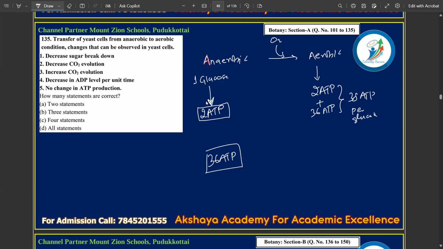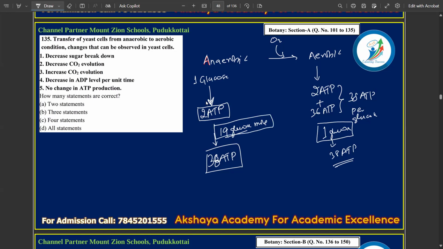If it is anaerobic, they need to consume how much? Let's take 38 ATP for easy maths. They'll need to consume 19 glucose molecules, since one glucose generates 2 ATP. But if aerobic respiration is running, one glucose molecule will give them 38 ATP. So here they use less sugar to generate the same amount of ATP, and there they use more sugar.